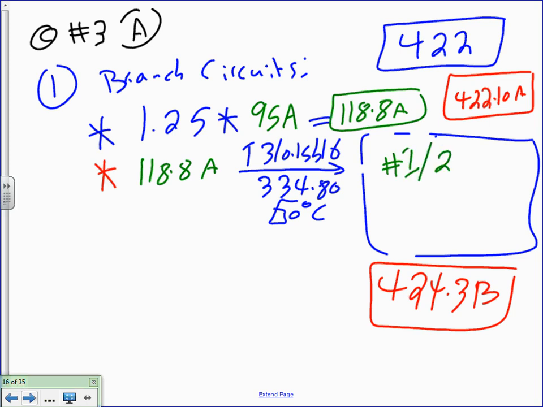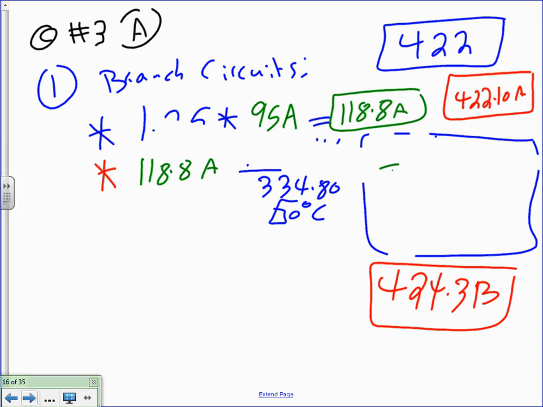So number 1 aught AWG. I don't think they make 1 aught, they go down to 2, but for the sake of the calculation, let's assume they make it.